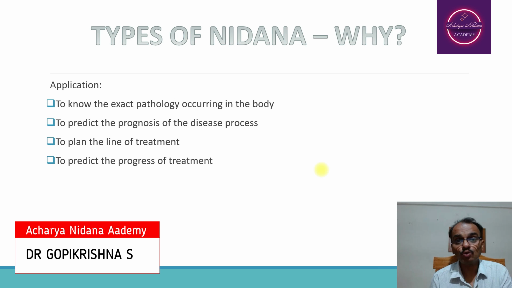Suppose the person has the entry of the pathogen through the nose, maybe in the form of a dust particle or droplets. Then the pathology will be observed in the respiratory passage itself.